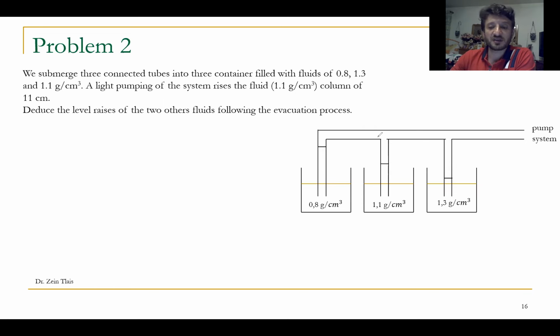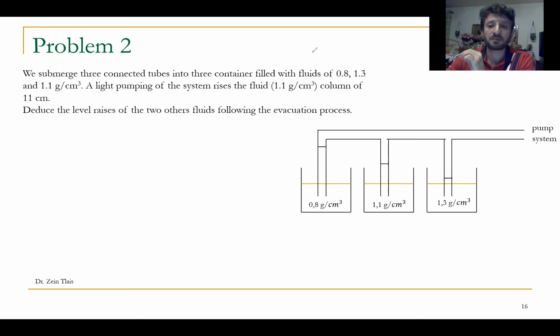As you see here in the configuration, the 3 tubes are connected together, and each one is submerged in a certain fluid with a certain density, mass per volume. And inside the tube here, we have a pump system.